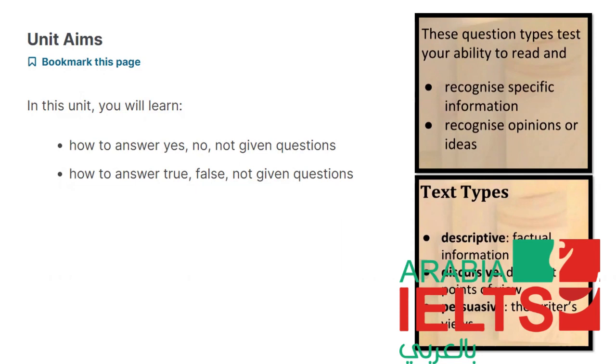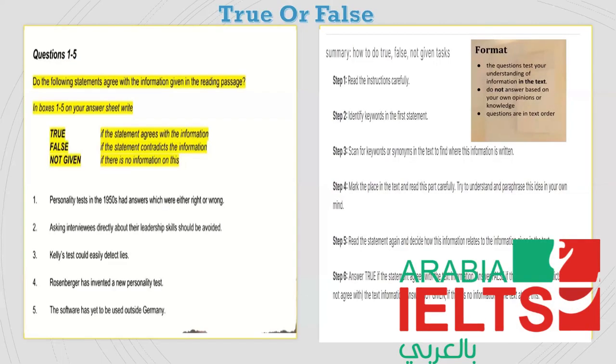So in this point, we're going to talk about how to solve and how to select the right answer and understand that question, okay? So let's get started.